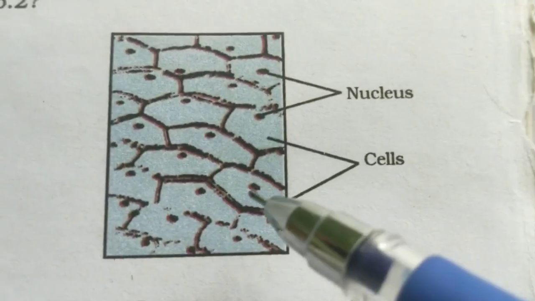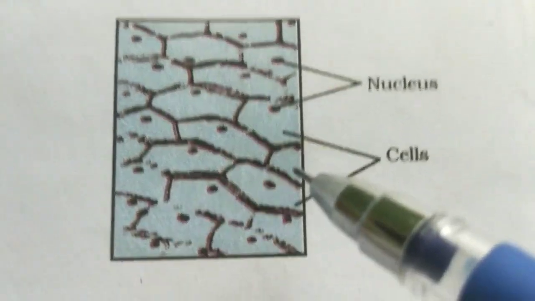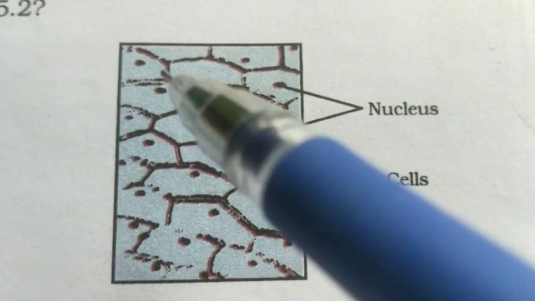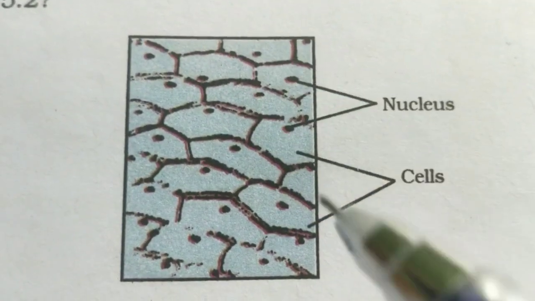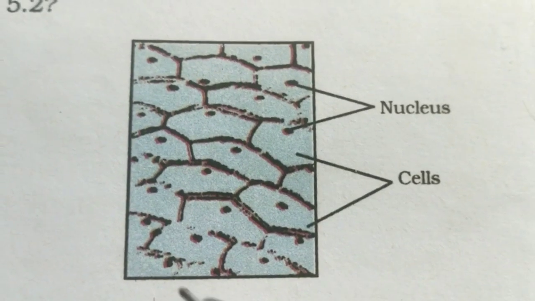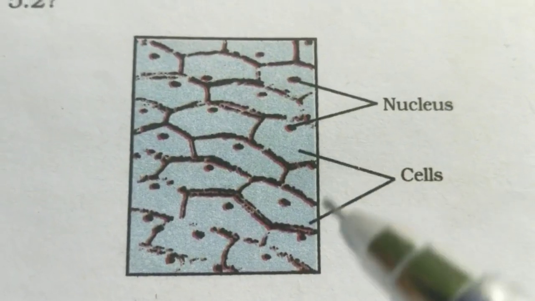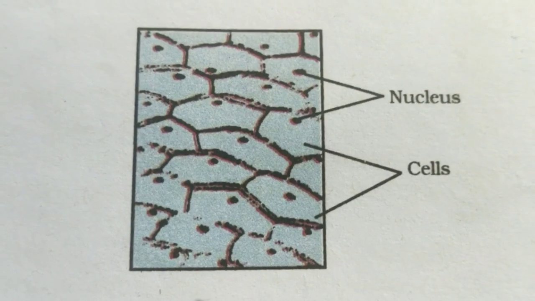When we observe the peel of the onion under the microscope, we can see the structure like this. It's a small piece of onion peel which is observed under the microscope.